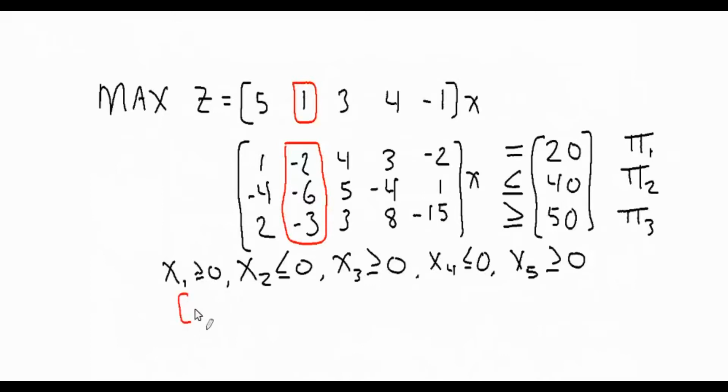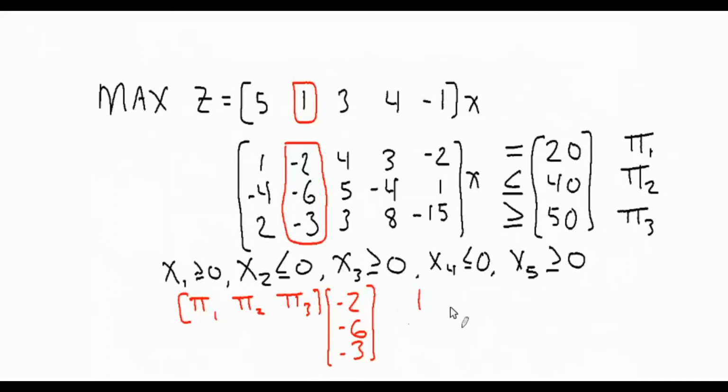So again, let's write down pi sub 1, pi sub 2, pi sub 3 as a row vector, and then drop in here minus 2, minus 6, minus 3, and the right-hand side is going to be the coefficient in the cost vector, so that's just 1. Now we need to figure out whether this is going to be a greater than or equal to, less than or equal to, or equals sign right in here.